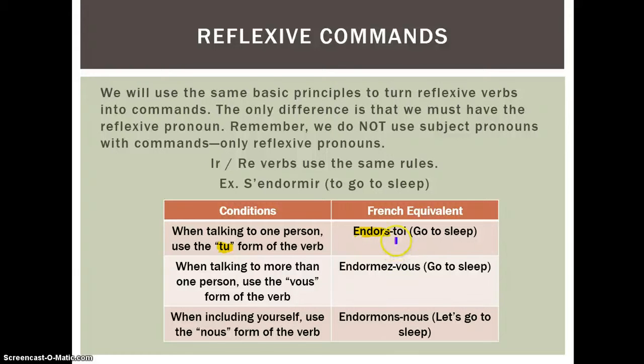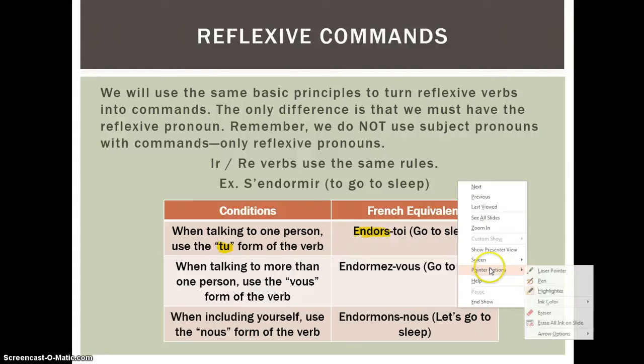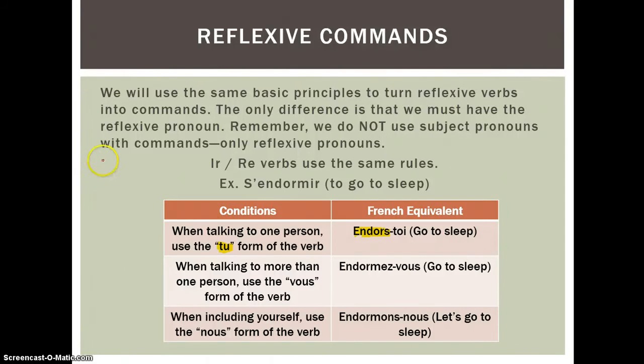Okay? And then when you actually conjugate this verb, you would have tu t'endors, right? And that's where we got this part from. Okay? Now, when you're doing a command using a reflexive verb, you must have that hyphen. Okay? After your hyphen, you need a reflexive pronoun. Well, you can't put T apostrophe.